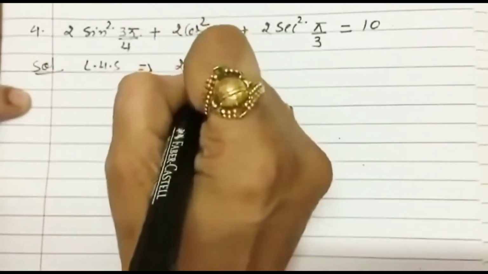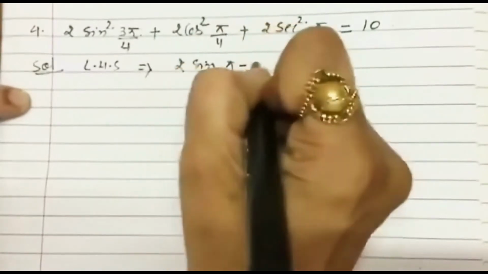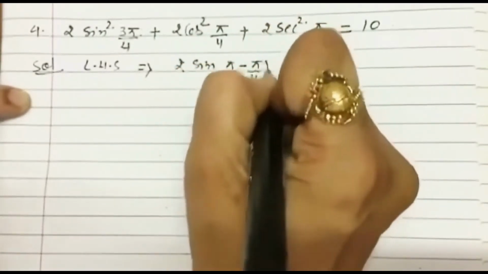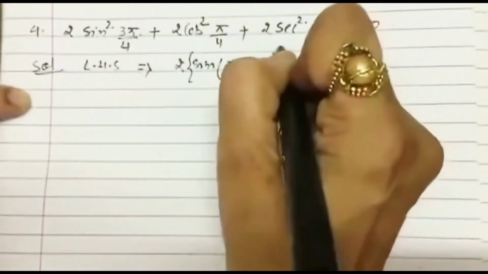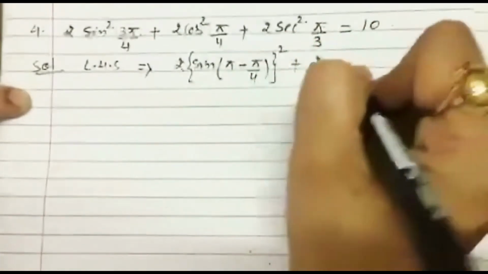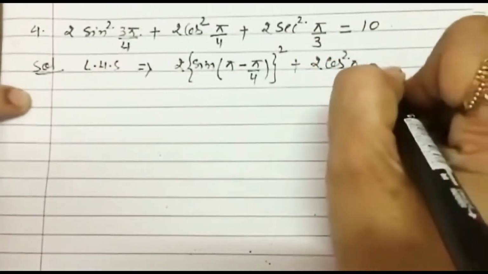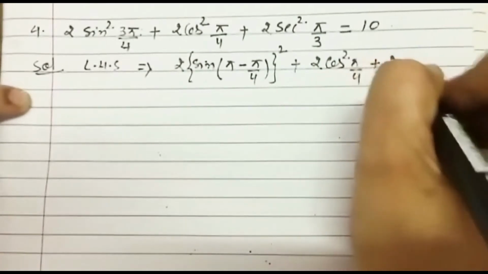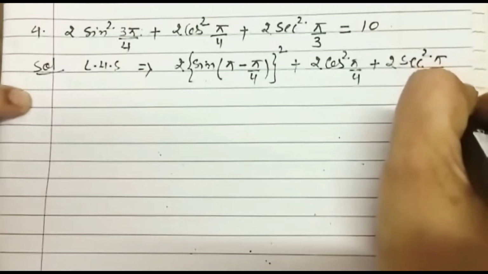It's 2 sin² 3π/4. We can write π − π/4. We have to convert, and it's plus 2 cos² π/4, and it's plus 2 sec² π/3.